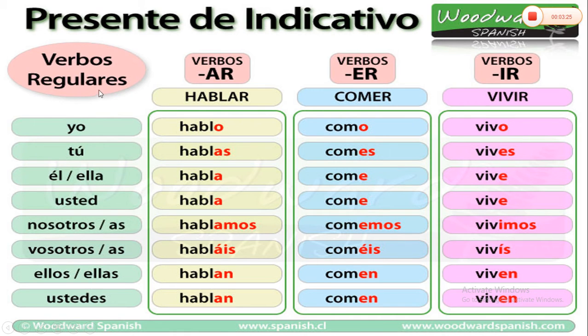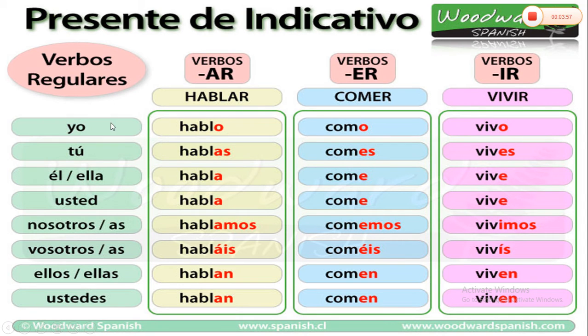Verbos regulares means regular verbs. These all are pronouns: yo, tú, él, ella, usted, and so on. As you can see, the first verb I took is for AR. The verb is hablar, which means to speak in Spanish. H is always silent in Spanish, therefore it is hablar.